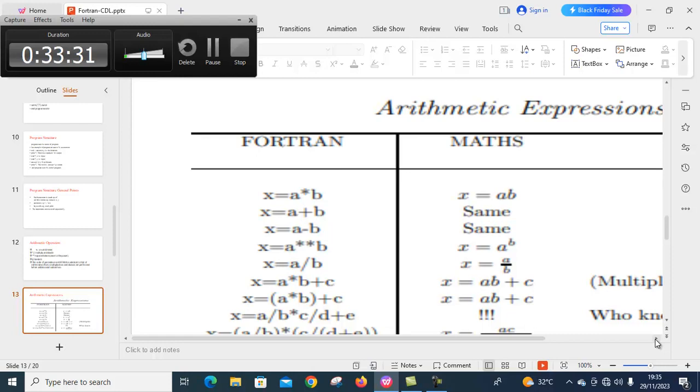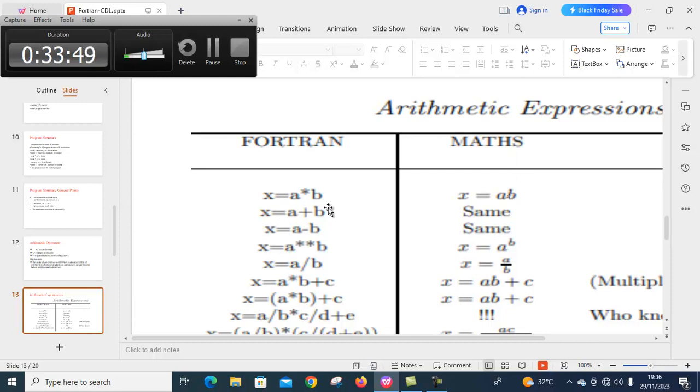Yes, we are talking about arithmetic expressions in Fortran. This is the way we write our expressions. In math, this is the way they write it.